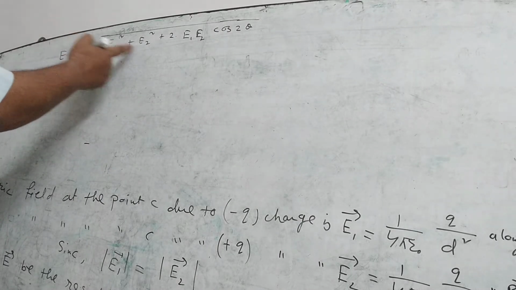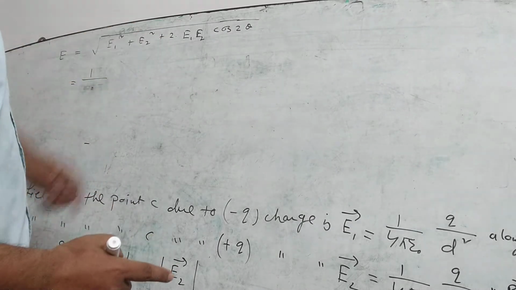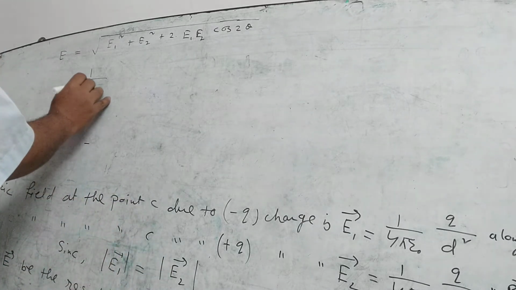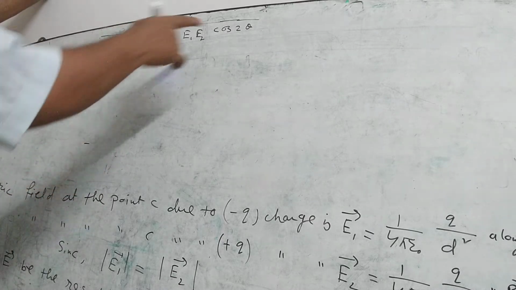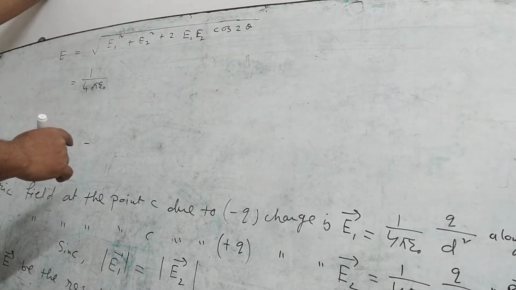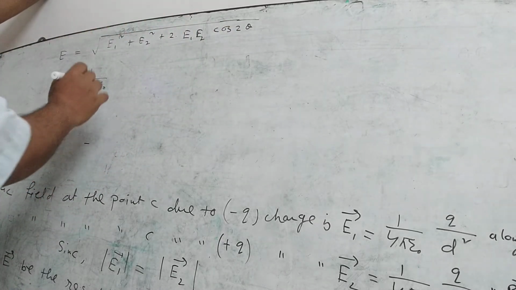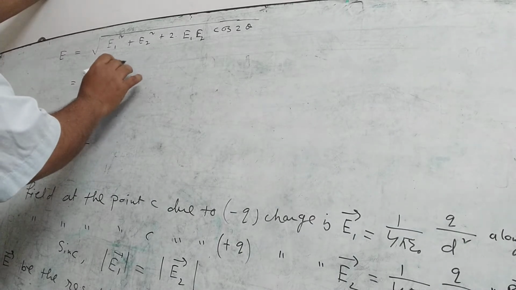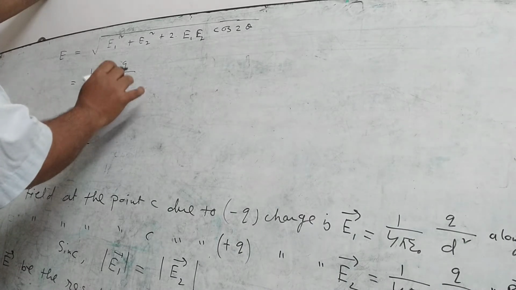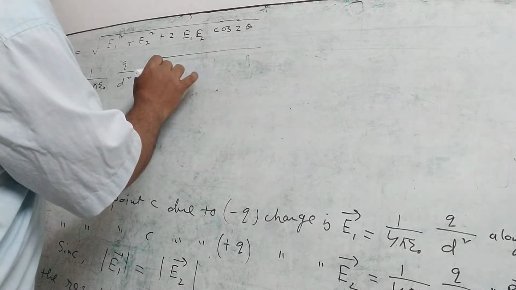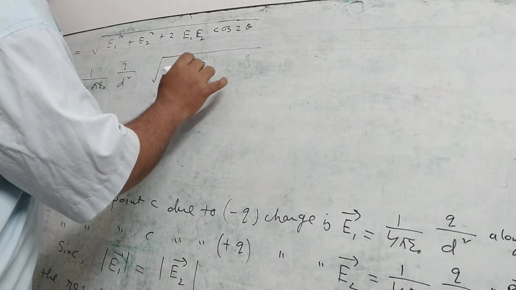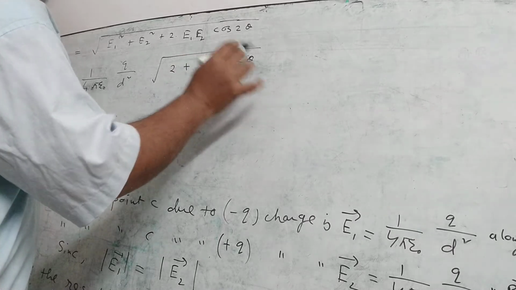Now we can put the value of E1 and E2. Therefore E = 1/(4πε0) Q/d² under root of 2 + 2 cos 2θ.